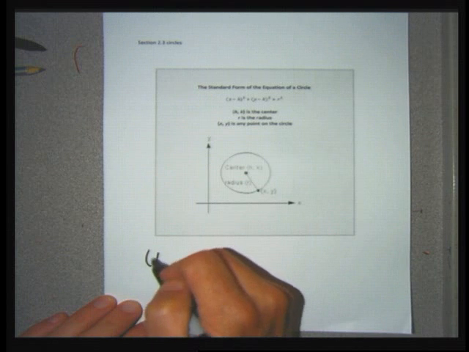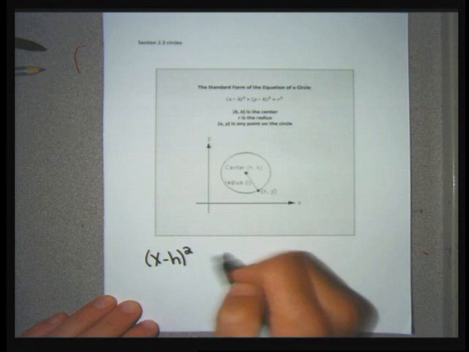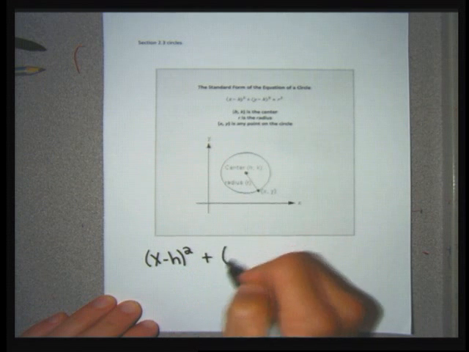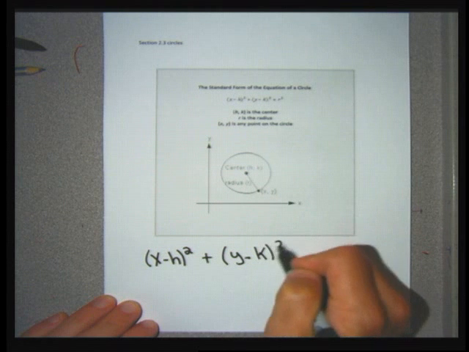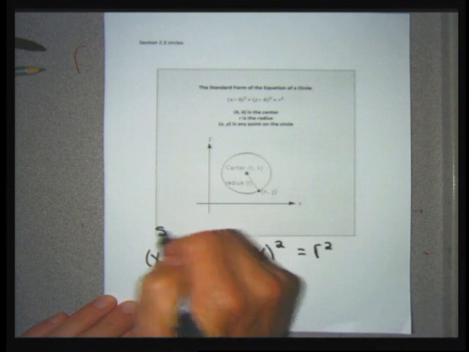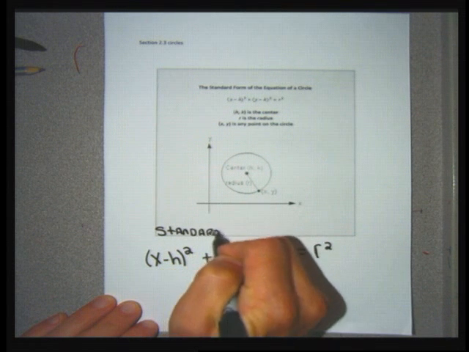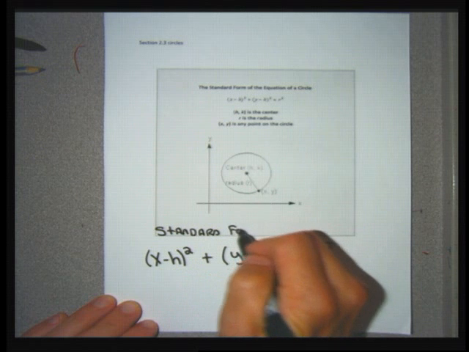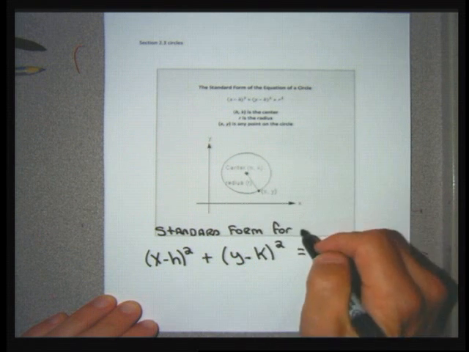It gives a formula, and this formula, we say, is the formula that's going to help define a circle. Very specifically, we call this equation the standard form of the equation of a circle, or how about the standard form for the graph of a circle.